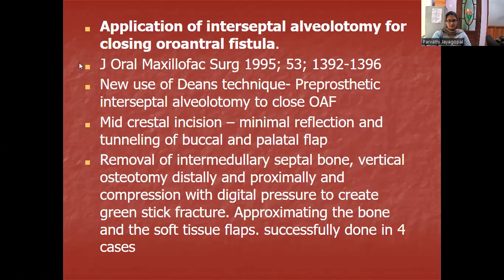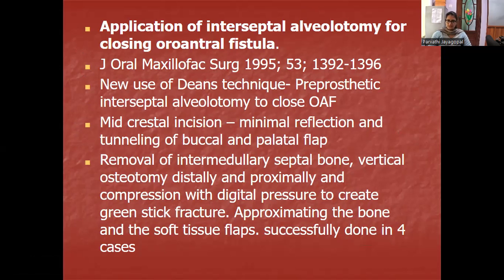Another technique that is newer is the use of interseptal osteotomy, which is the Leeds technique of interseptal surgery, where the interseptal bone is used to close the oroantral fistula. So here what is done is that a mid-crestal incision is placed, and with minimal deflection, tunneling of the buccal and the palatal flap is done.